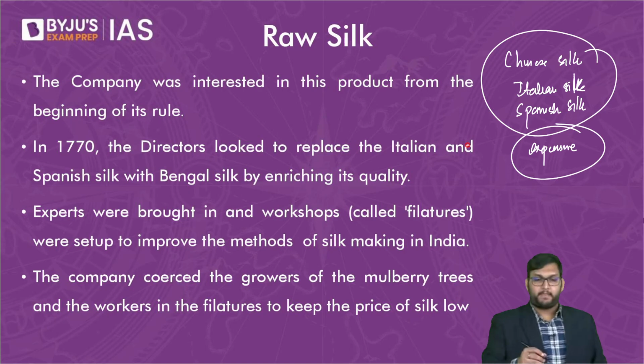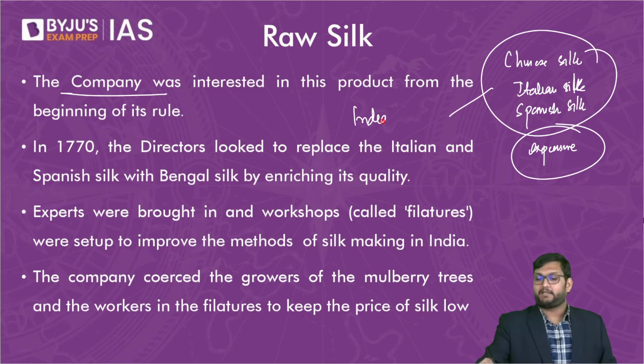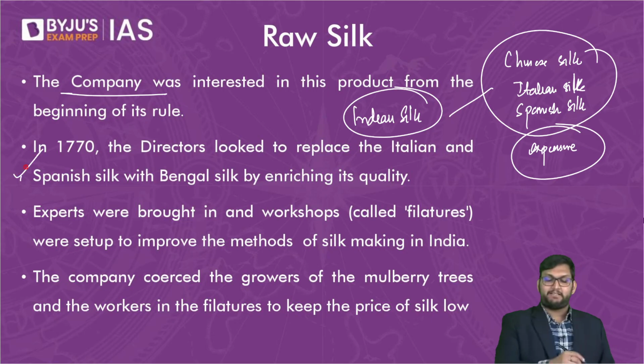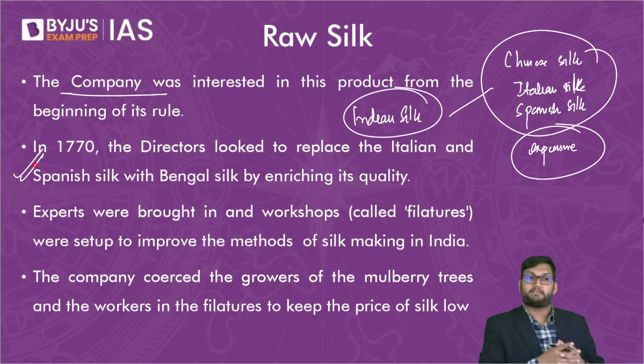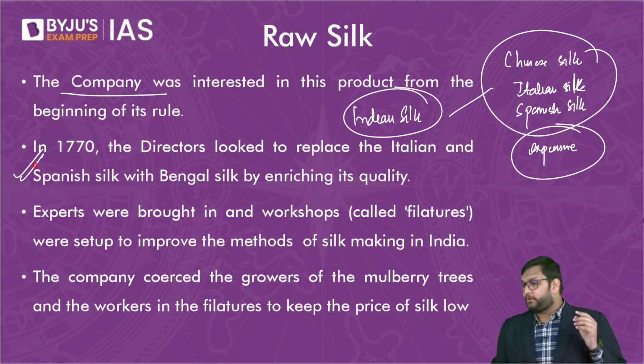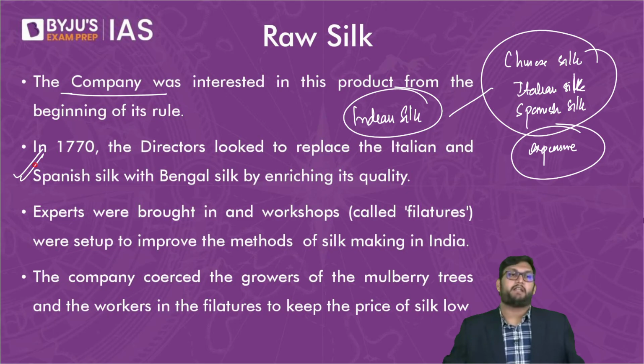Now, because the company wanted an alternative to this, they created the Indian silk raw material. So in 1770, the directors took up to replace Italian and Spanish silk with Bengali silk. And the problem was that the Indians did not have the right equipment to produce silk in bulk.